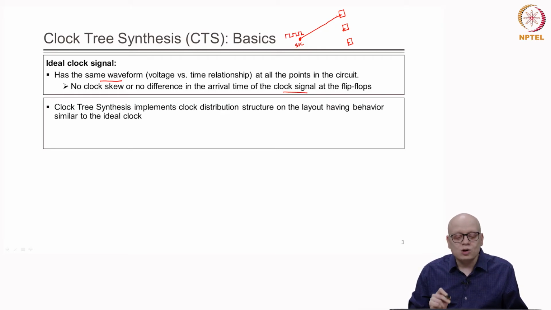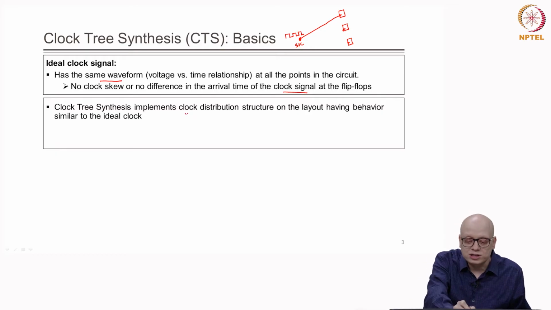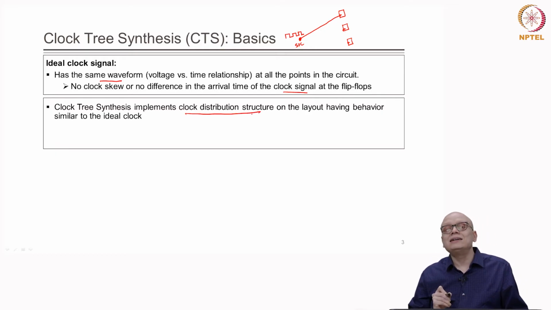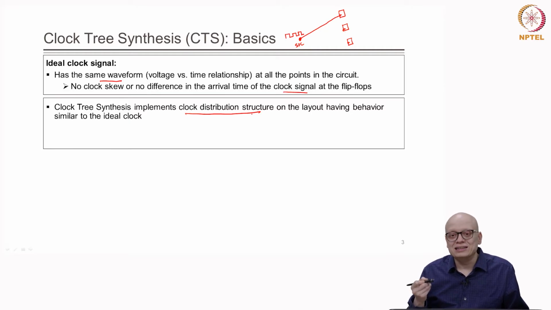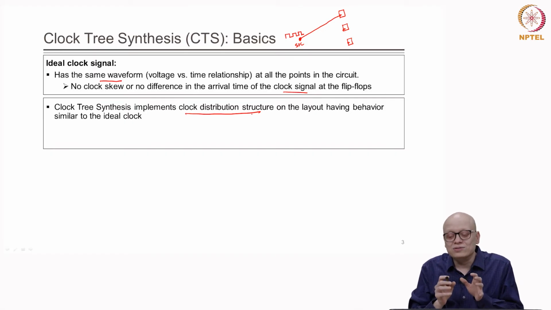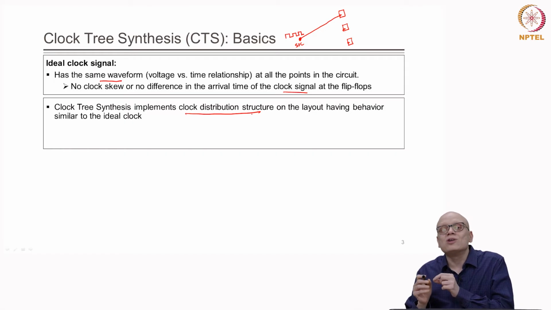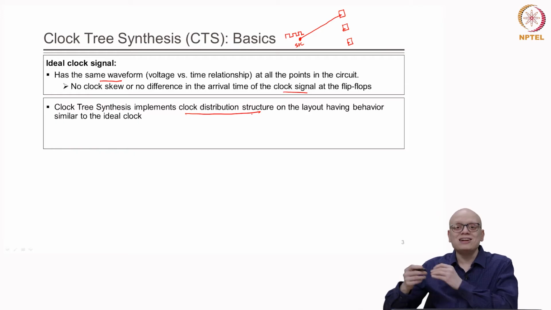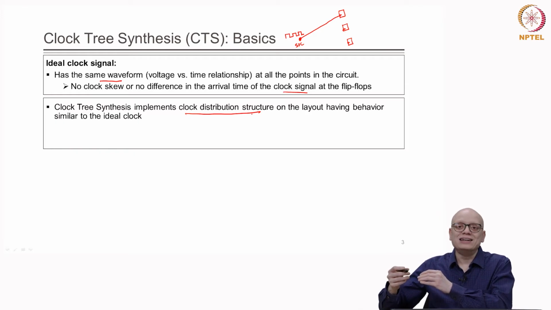Now, what does clock tree synthesis try to do? Clock tree synthesis tries to implement a clock distribution structure such that it mimics an ideal clock, or the clock components in the clock network are laid out such that the behavior of the clock signal is similar to the ideal clock.